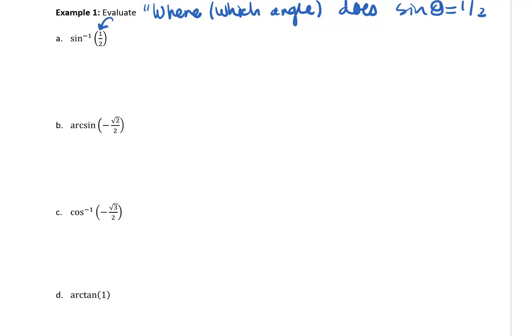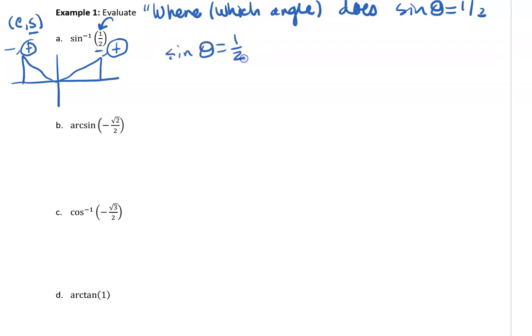Well, let's think about this. If you're thinking about your coordinate pairs, it's cosine and then sine. So if I draw a quick little angle here, if sine is my y value and sine is 1/2, that means it has to be either in this quadrant or in this quadrant, because that's where sine is positive. Again, thinking about the signs here, it would be positive in those top two quadrants. And so where does sine of theta equal 1/2?